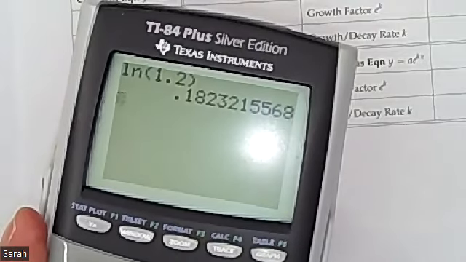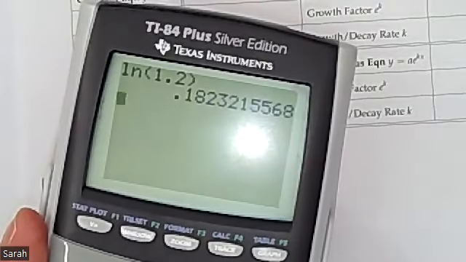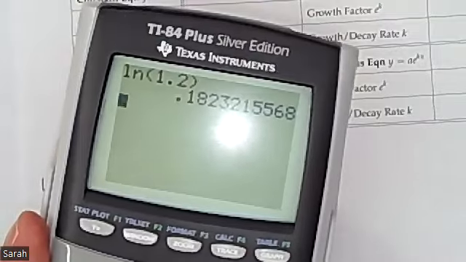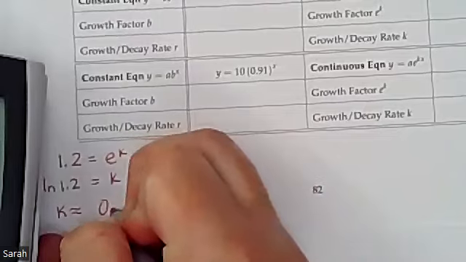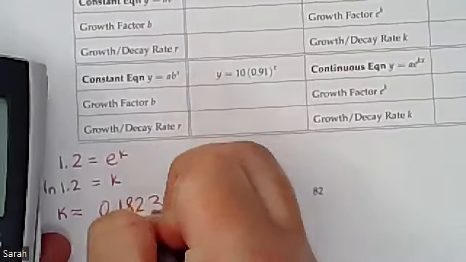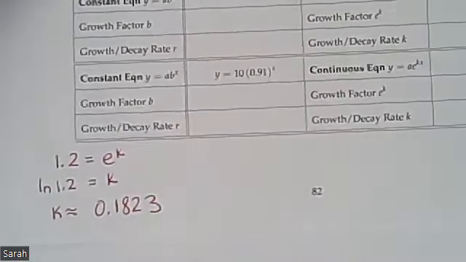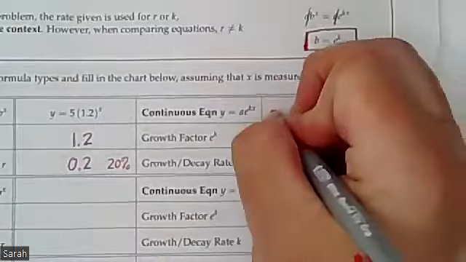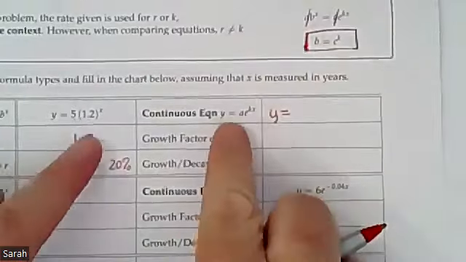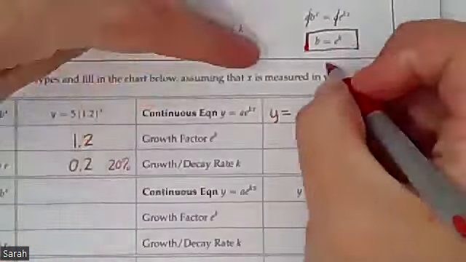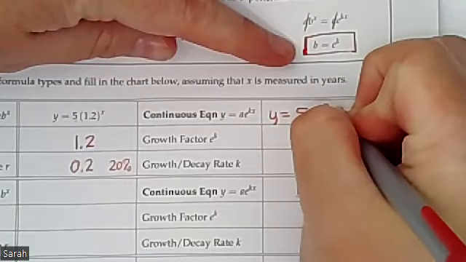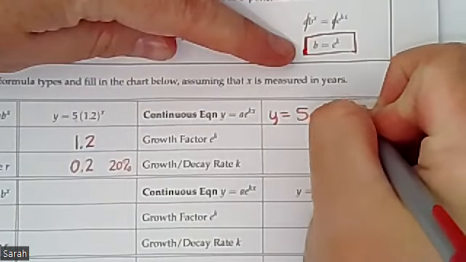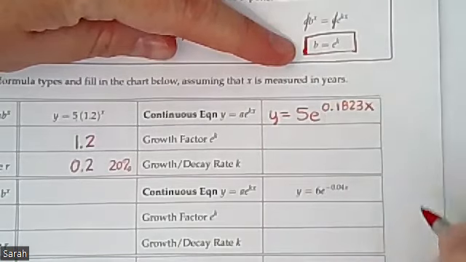So you get a little over 18% there, which is close to our r of 20%, but not exactly equal. So I have k is about 0.1823. Now I can fill that into my continuous one. So I get y is equal to, and remember they're going to have the same starting value, so I'll still have a 5, but now it'll be e to the 0.1823x.